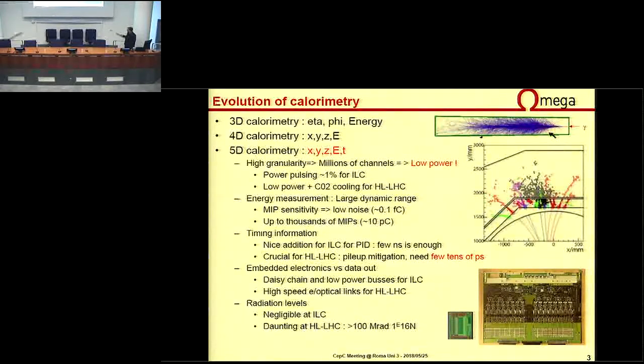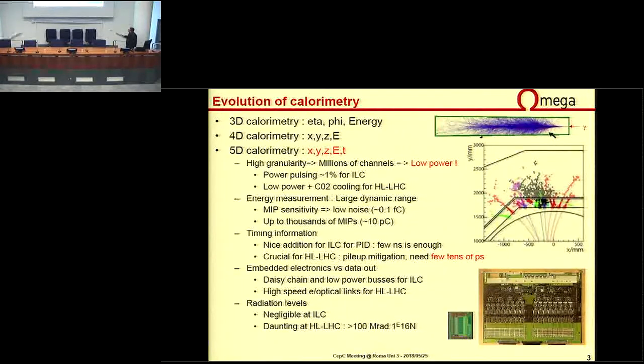temperature increase. In both cases, we need to have a very large dynamic range, which means MIP sensitivity with low noise up to lots of charge. The timing, depending on the detector, is needed or not.